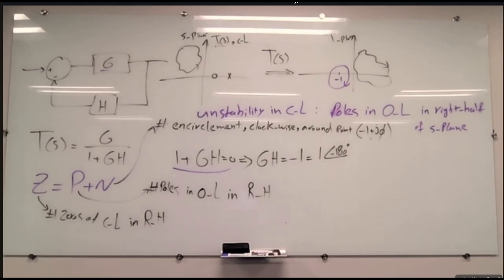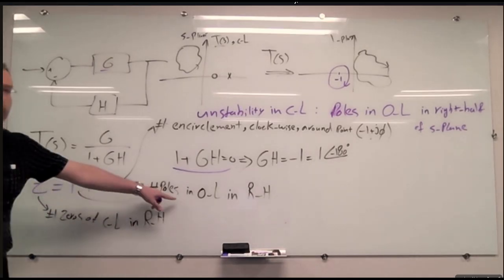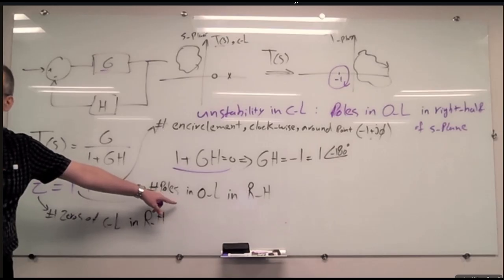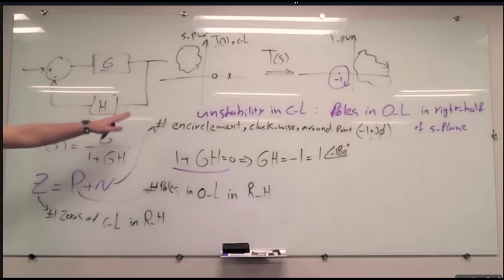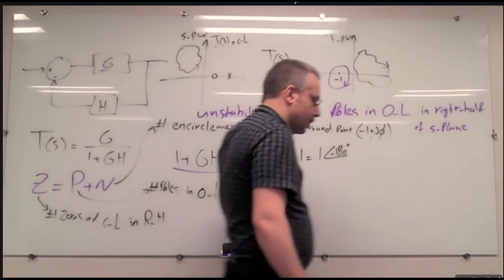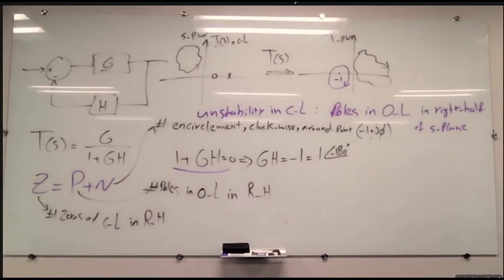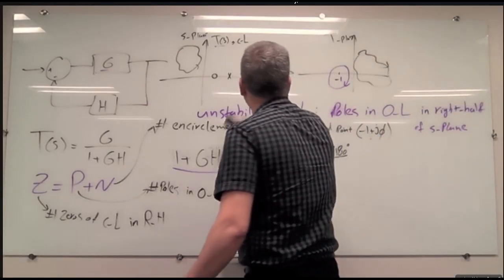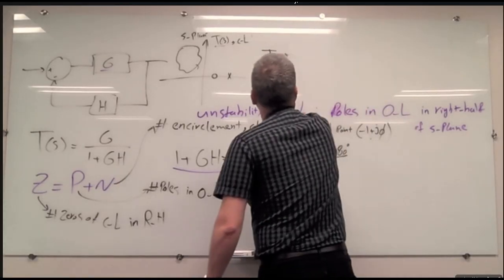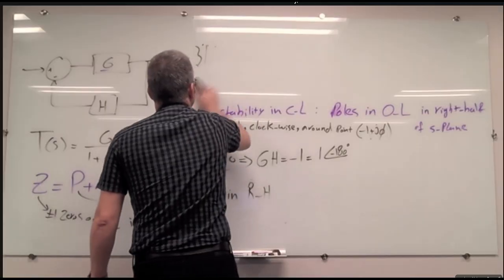Is that clear? We only care about the zeros in the right half side and the poles in the right half side to consider the stability. That means instead of having a contour all around S domain that encapsulates all those zeros and poles, we can only focus on what's happening in the right hand side, because that's all we need for that equation.